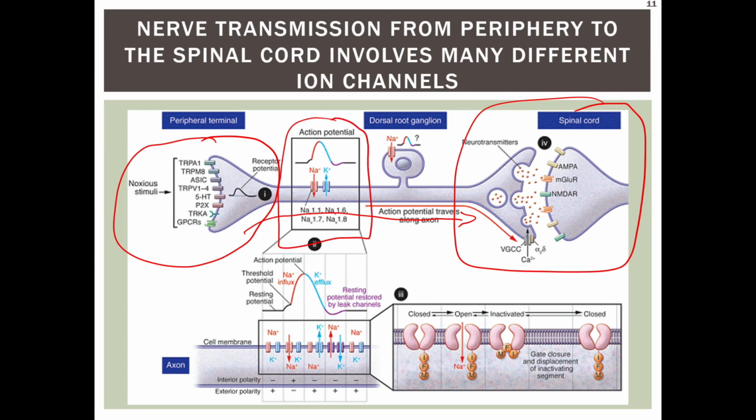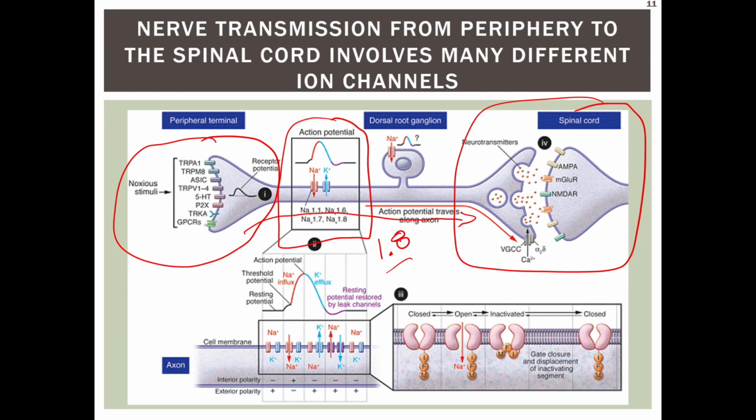Sodium channels like 1.1, the 1.6, the 1.7, and the 1.8 variant are important for conduction of pain signals along this axon. In particular, sodium channel 1.8 is a very important channel in the conduction of pain signals, and as we'll talk a little later, is an important potential drug target to block pain signals by using a non-opioid mechanism.